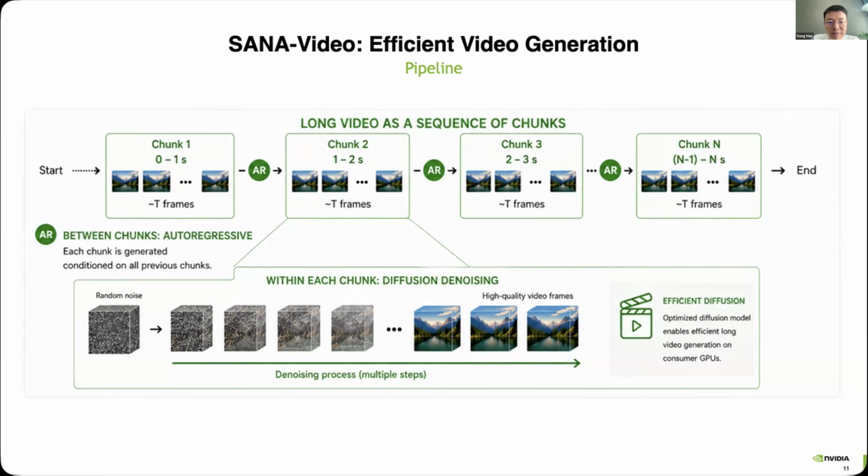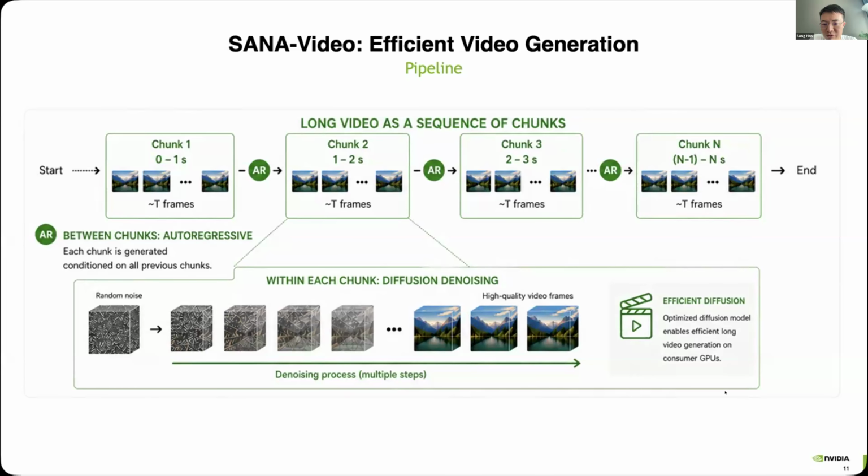Well, within the chunk, we are using diffusion denoising. We use multiple steps from random noise to high quality video frames. And we enable the efficient diffusion by optimizing the diffusion model for long video generation, even on consumer GPUs.